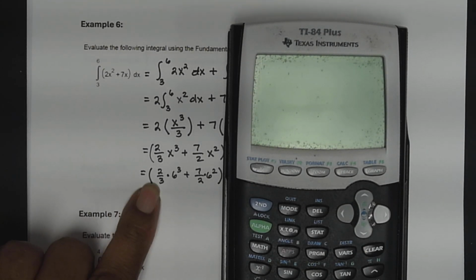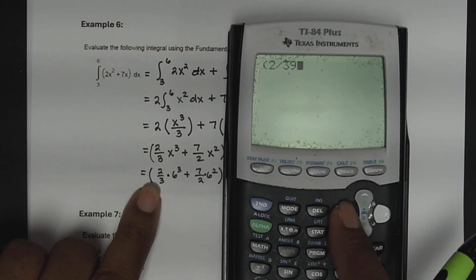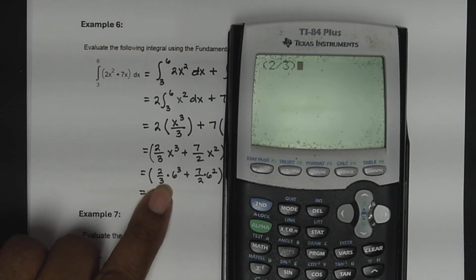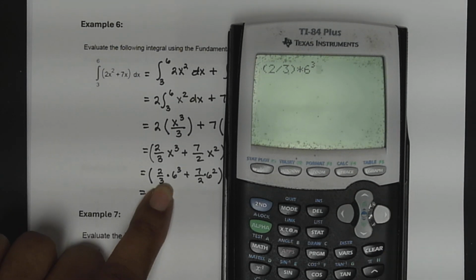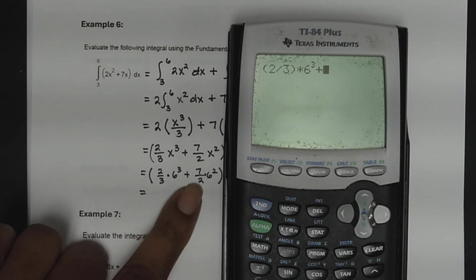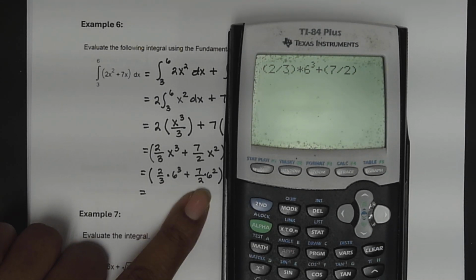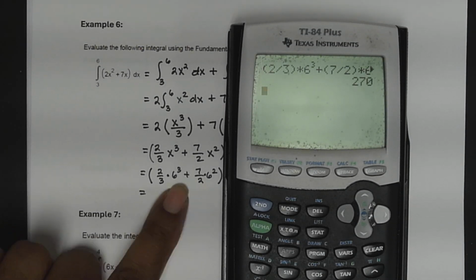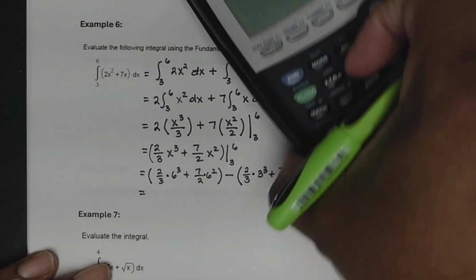So that 2/3, I'm going to do this as 2 divided by 3, close parentheses, times 6, and that's going to be raised to the third, plus, that 7/2 will be 7 divided by 2, times 6, and that's squared. This part would give me the 270.